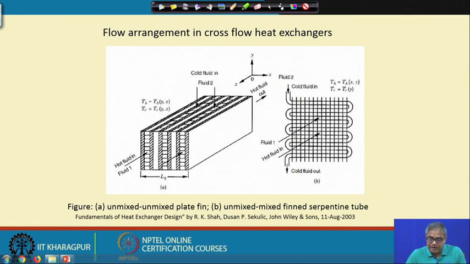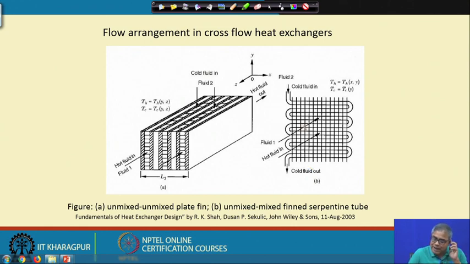And then there are fins, integral to the tube, and the gas flow is passing through these fin passages. Some sort of flow passage is made by two adjacent fins, and through that the gas is passing. Very common example in case of refrigeration, air conditioning and gas to liquid heat exchangers.